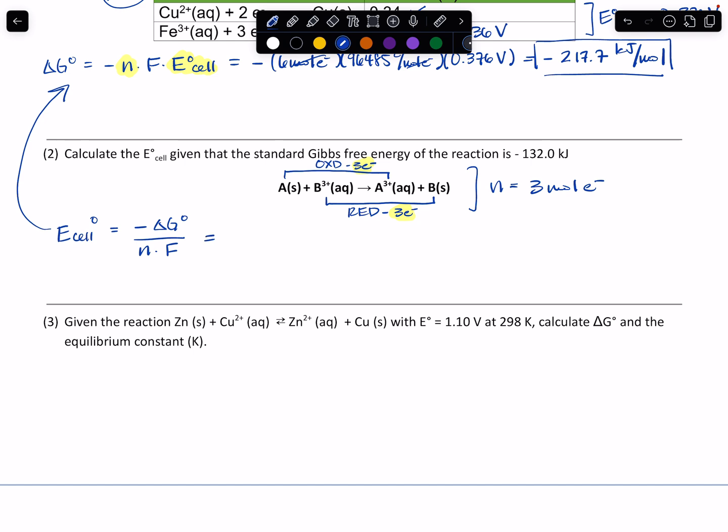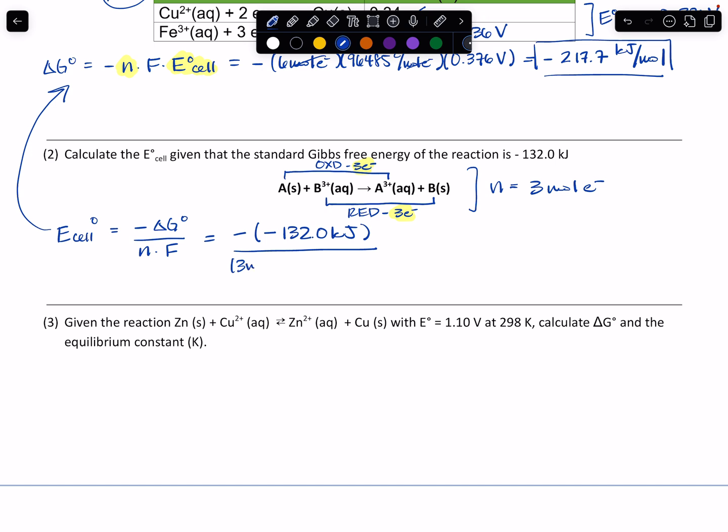All right, so we go back over here. We've got negative and then negative 132.0 kilojoules. We're going to divide that by N, 3 moles of electrons, and then 96485 coulombs per mole of electrons.